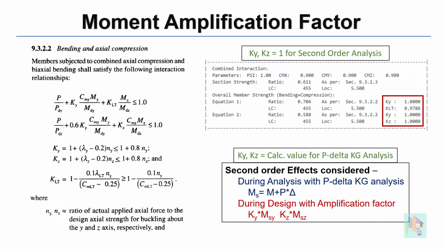Though second order effects are included in the analysis result, still calculated moment amplification factors are considered during interaction check, so moment is amplified twice, which is conservative. In Update 11, this issue has been fixed, and if P-delta or P-delta Kg analysis is performed, KY KZ value is considered as 1. This fix will affect only the compression plus bending interaction ratio.